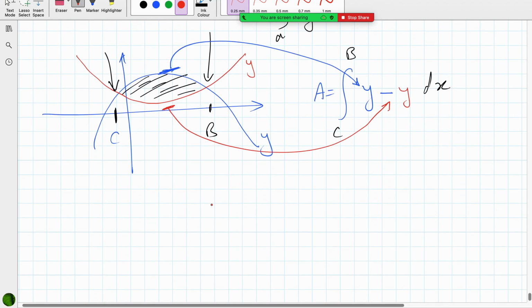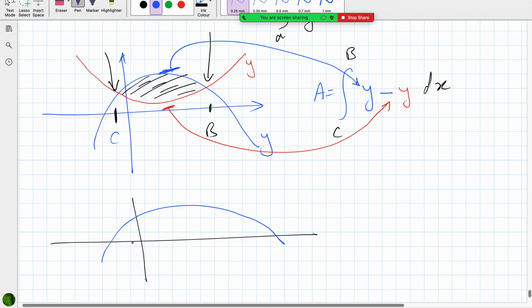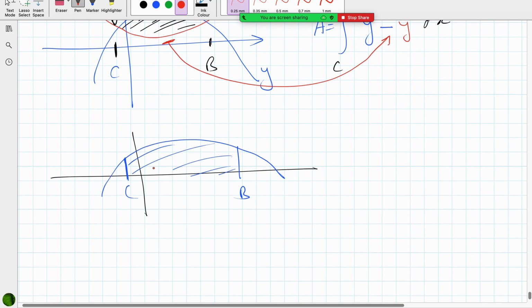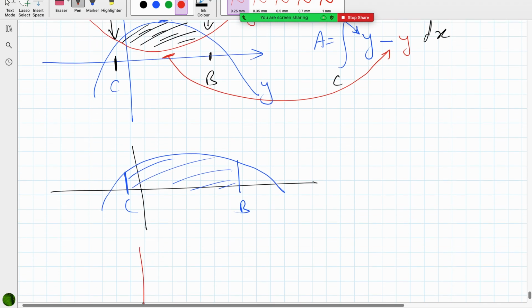Now I'm extending it. For example, we solve only for the blue section. Exact same question, so you know you will be getting this area. And if you solve the same question for the red section only, we know we will be getting area under the curve.